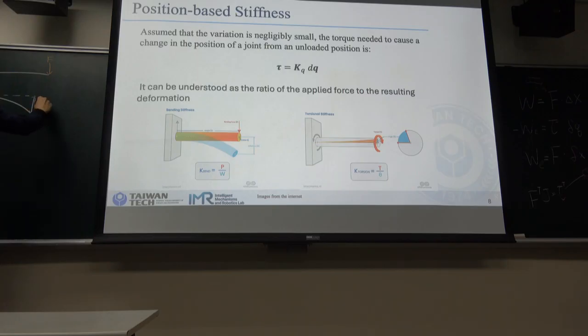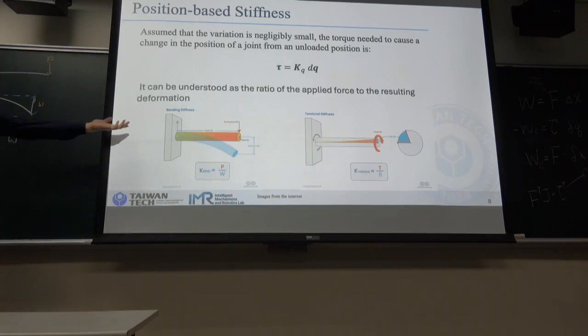We can use P, or you can use F, and call the deformation W. So for the displacement, the stiffness is K equal to P over W. It can be understood as the ratio of applied force to the resulting deformation.